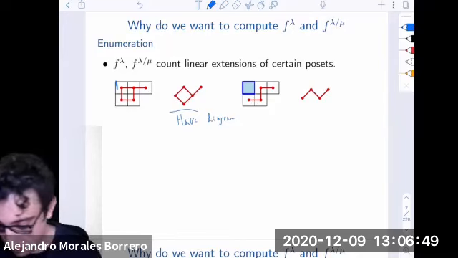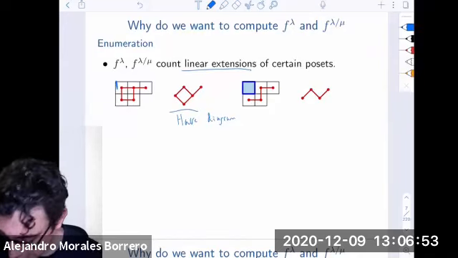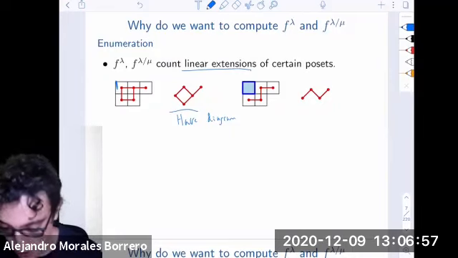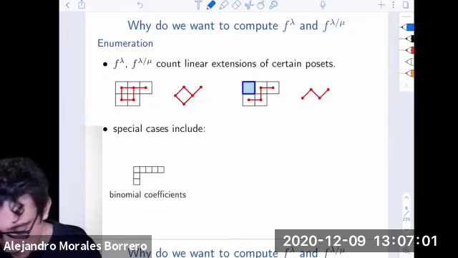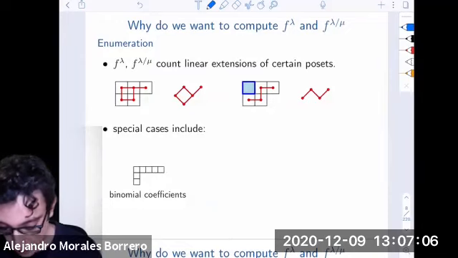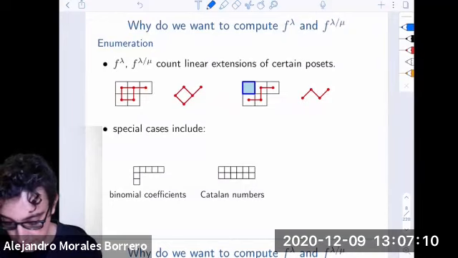If you care about linear extensions, then this is a good model, and nice things happen, which doesn't always happen when you count linear extensions. Special cases of standard tableaux include binomial coefficients when you have a shape that's a hook.